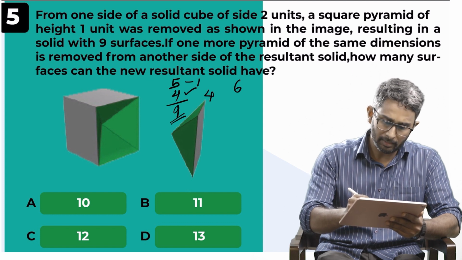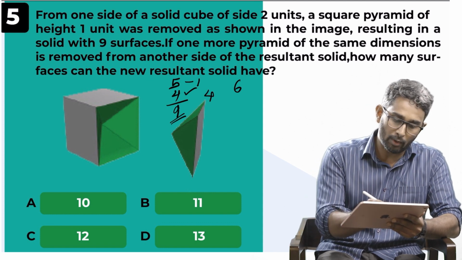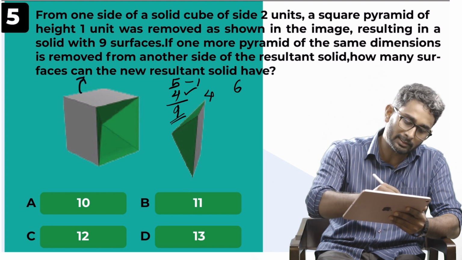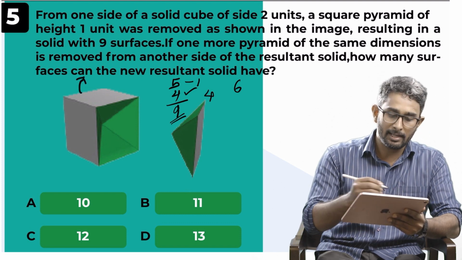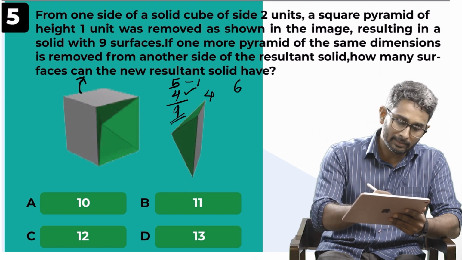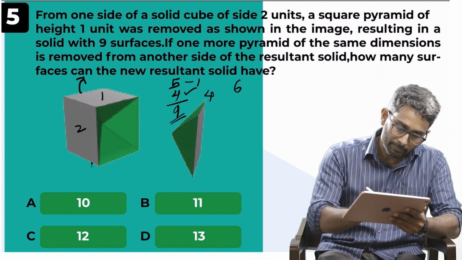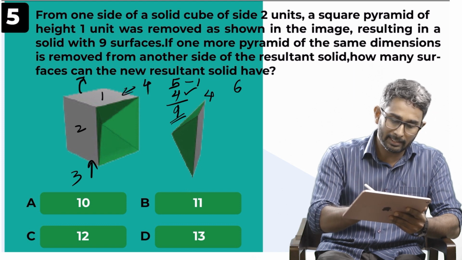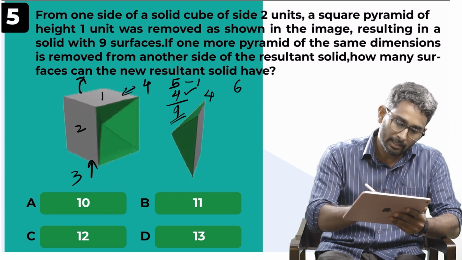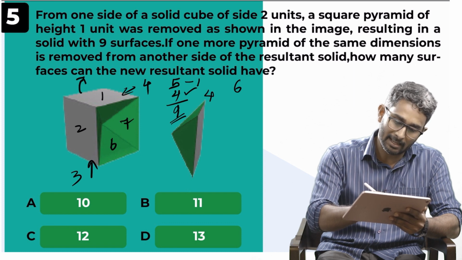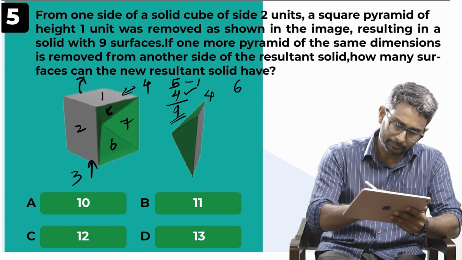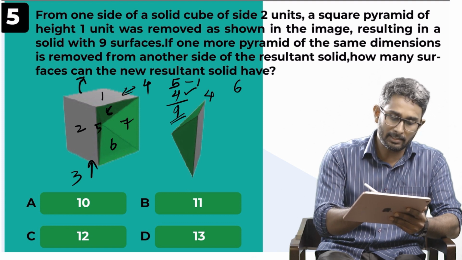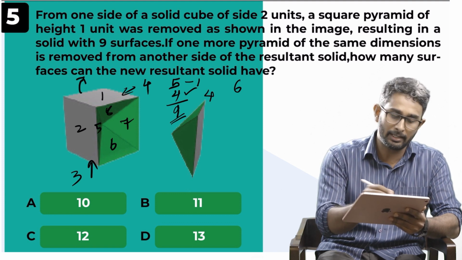If we consider the face opposite to this particular face and remove the solid pyramid from it, the total number of surfaces will be: this is 1, this is 2, the bottom side, back side 4, and there are 4 surfaces inside it. 5, 6, 7, 8, and similarly there will be 4 surfaces behind also.